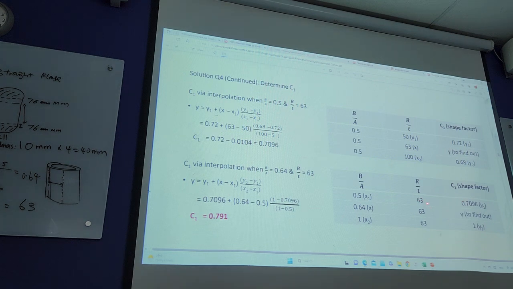Alright, so when our R over T is 63, C1 is 0.7096. Now our BA is 0.64, coming out from here. So you want to find out the C1 over here. Okay, so again, the final value of our C1 is 0.791.